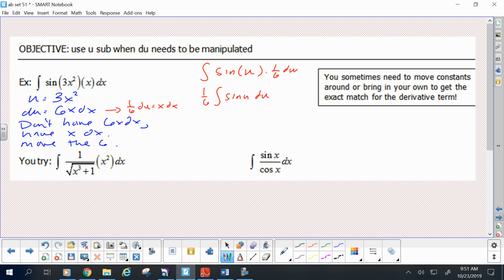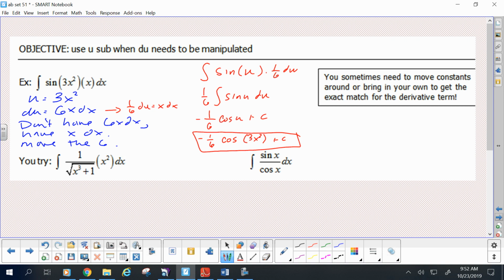What is the antiderivative of sine? Negative cosine. So I get negative 1/6 cosine of u plus c, and then last I substitute in for u with 3x squared. Plus c. And if it were a test and I had time, I could take a derivative to check.